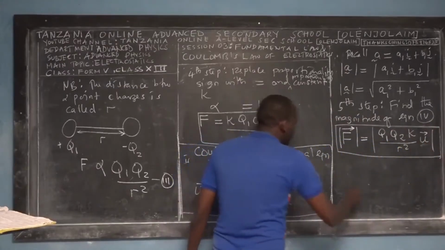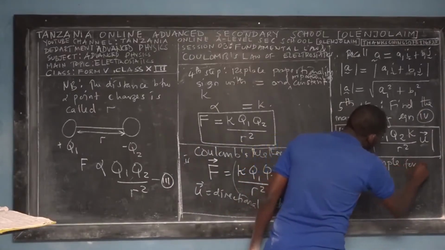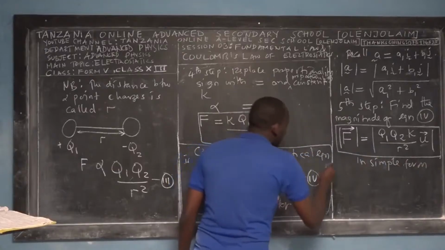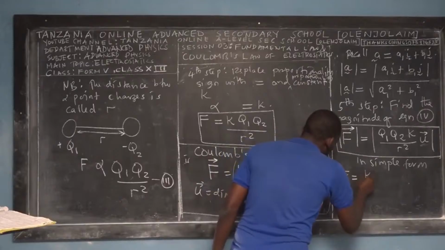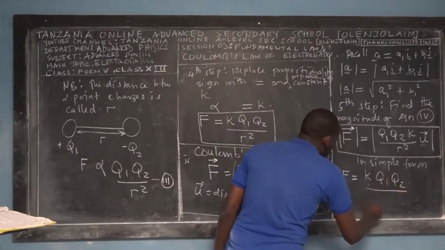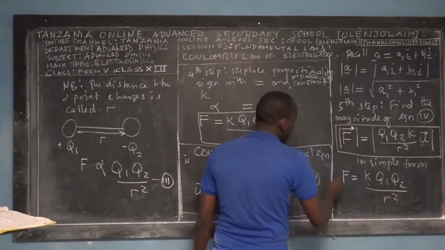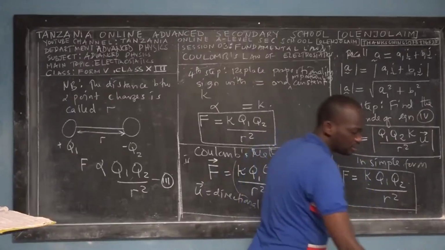But to simplify, in simple form, we say that the electrostatic force is equal to the proportionality constant times Q1 times Q2 over R squared. So this is just a simplified version of Coulomb's mathematical equation.